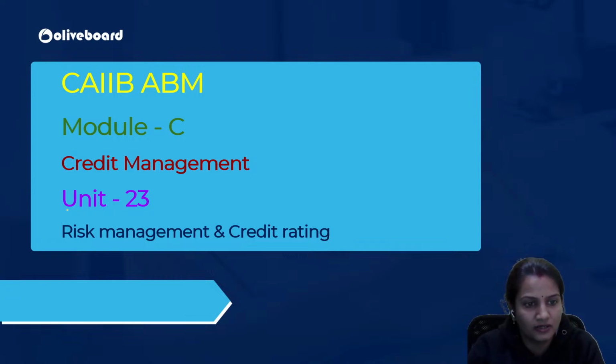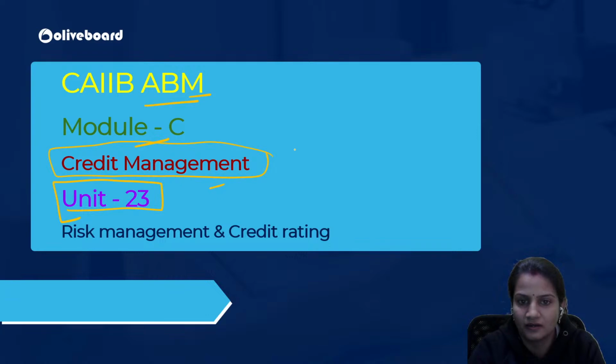Now, we are on the 23rd unit of Module C of paper ABM, that is credit management. The module we are covering is credit management, and the name of the unit is risk management and credit rating. So we have done many chapters related to credit management.